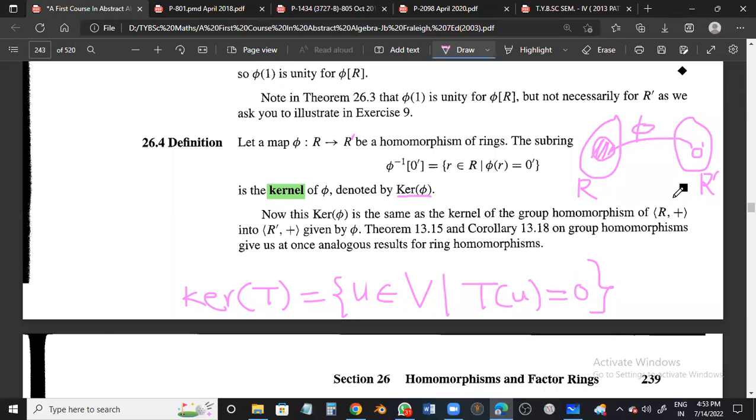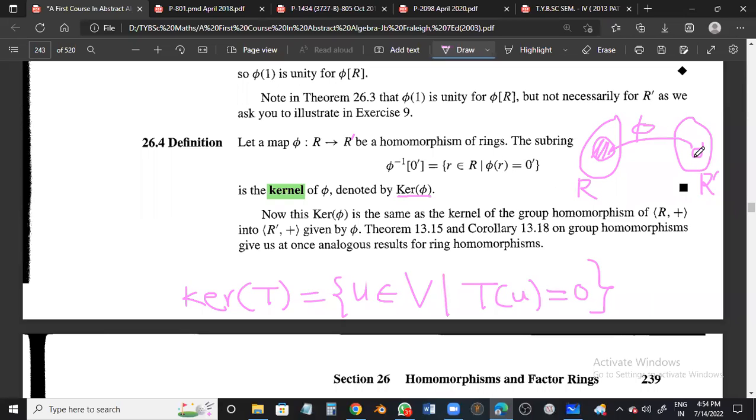Okay. So speaking in reverse manner, what does it mean? They are all inverse images of zero dash. So I can write this as phi inverse of the set containing zero dash.